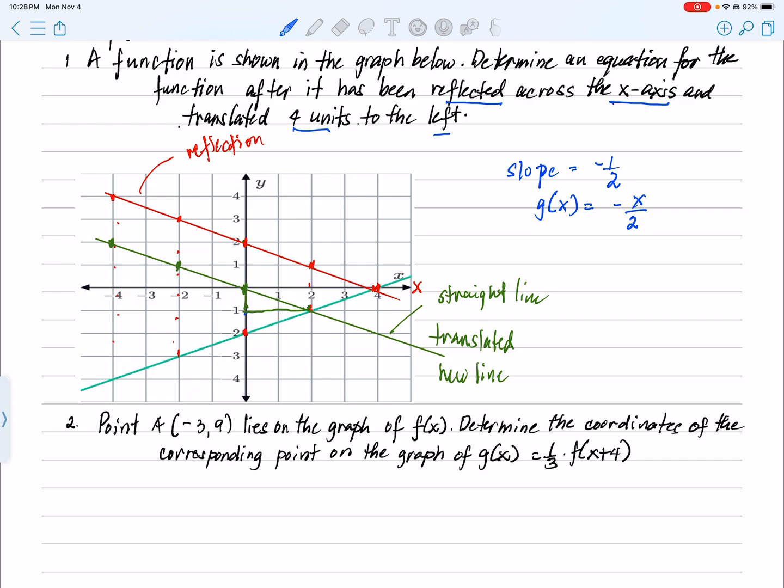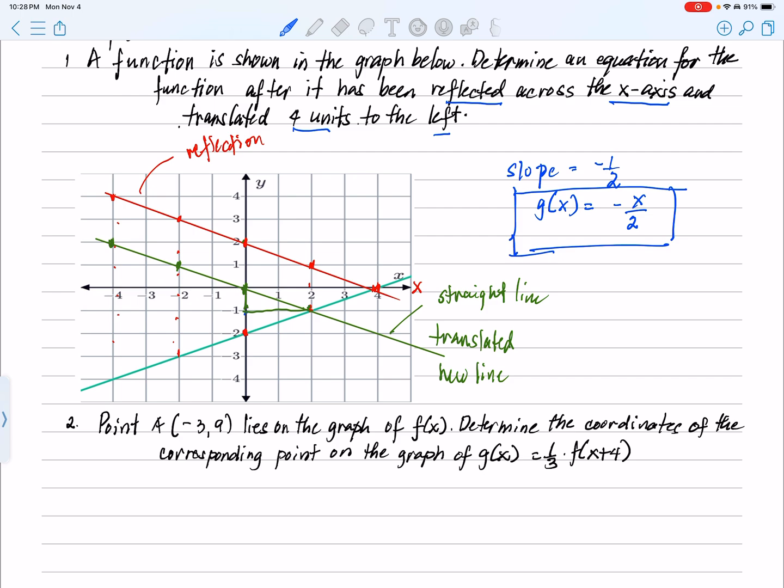So if we try to do that, and our reflection across the x-axis is represented by changing the signs, this is your equation of the line. You come up with the same results.